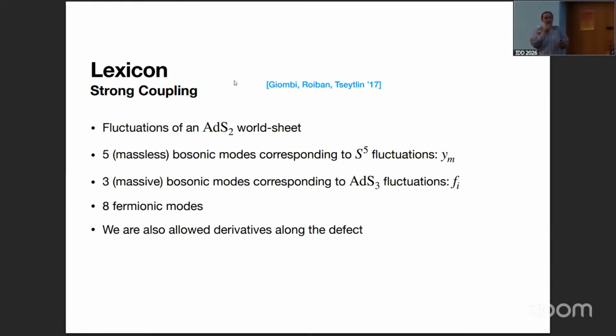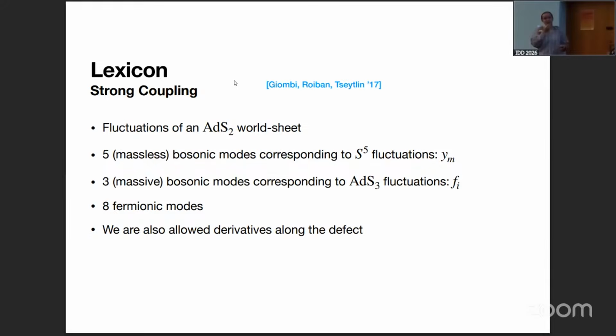And then there is a corresponding lexicon at strong coupling, because we will have some dual string description. It corresponds to fluctuations on an AdS2 worldsheet. And so over here, we also have basic letters corresponding to the modes.